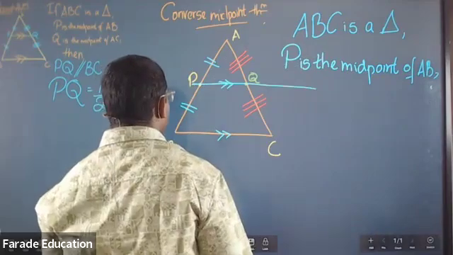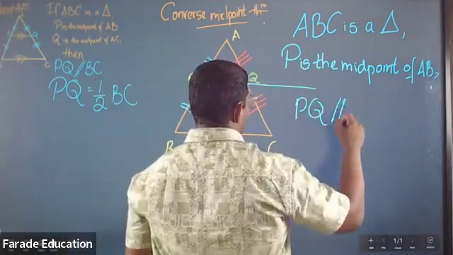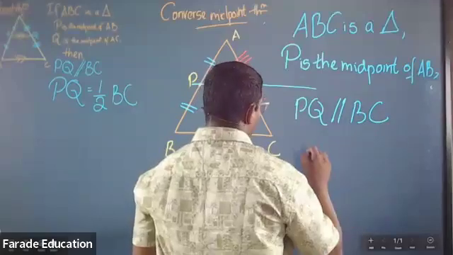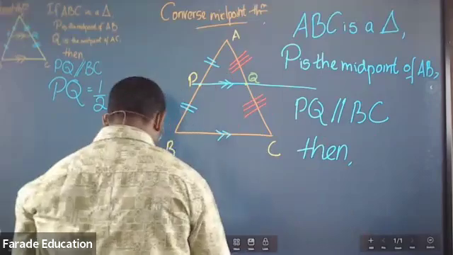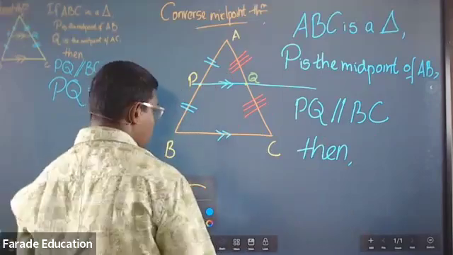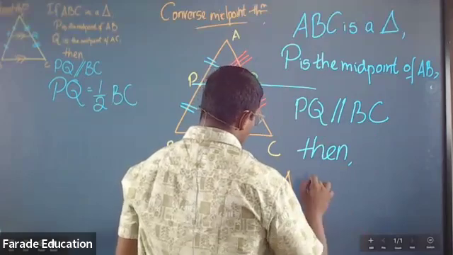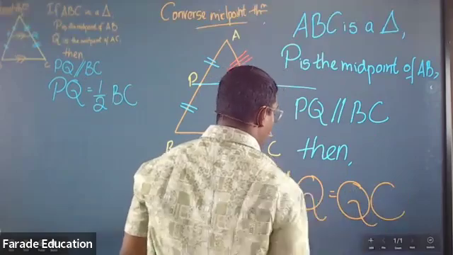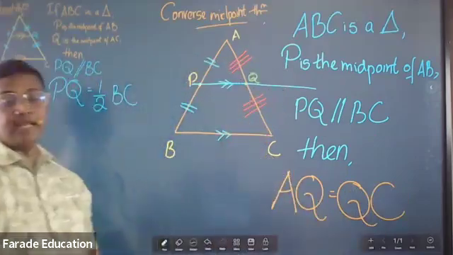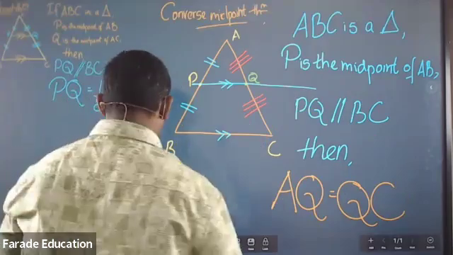P is the midpoint of AB. PQ is parallel to BC. All these are data. Then AQ equals QC, or the line bisects the line AC. Clear? Good? Okay, so that is one.